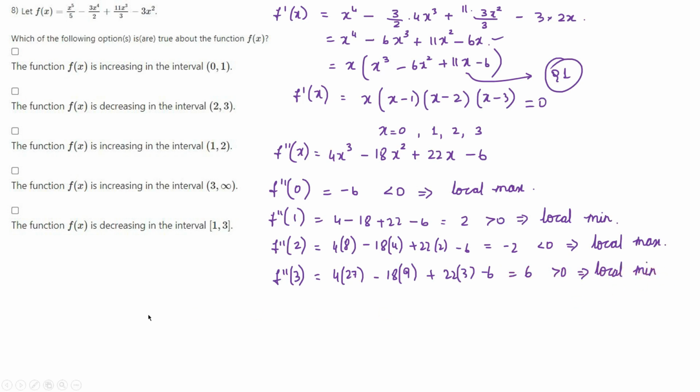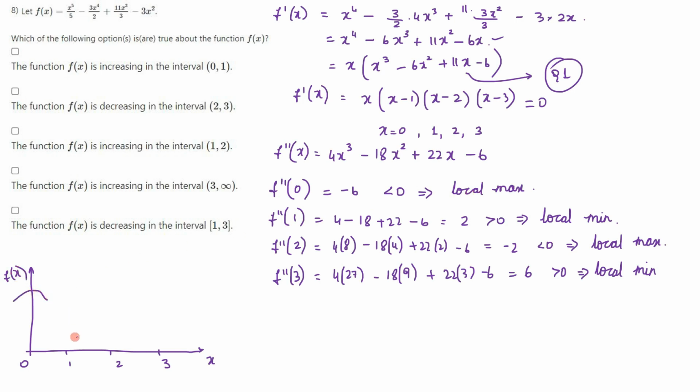Okay, so for just a visual representation, let's say this is x: 0, 1, 2 and 3, and I'll have f of x over here. At 0, I'll have a local maximum, let's say something like this.